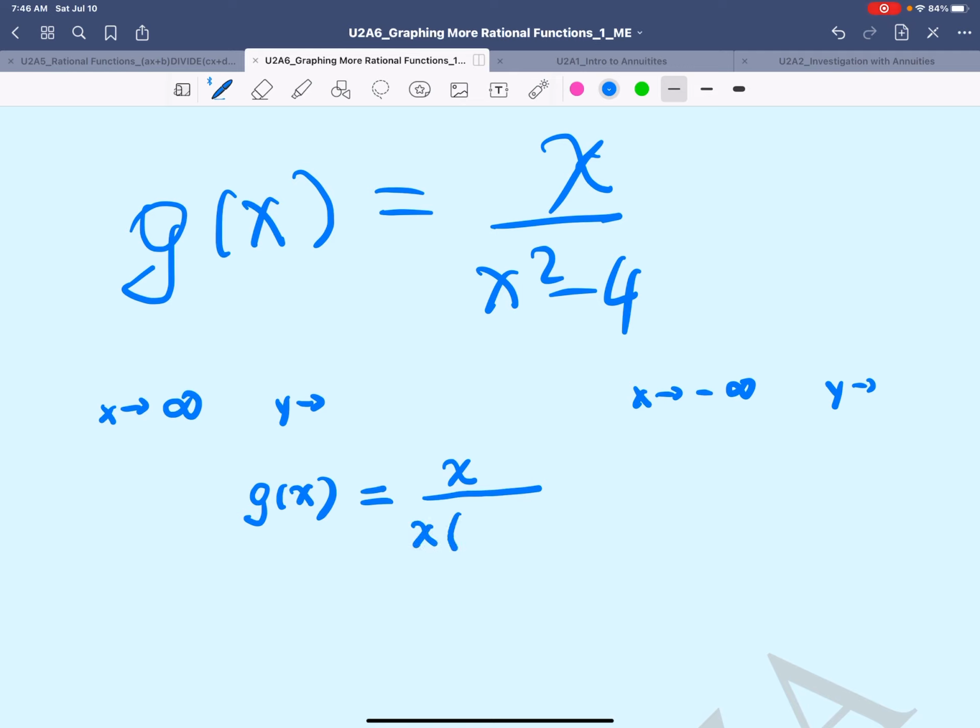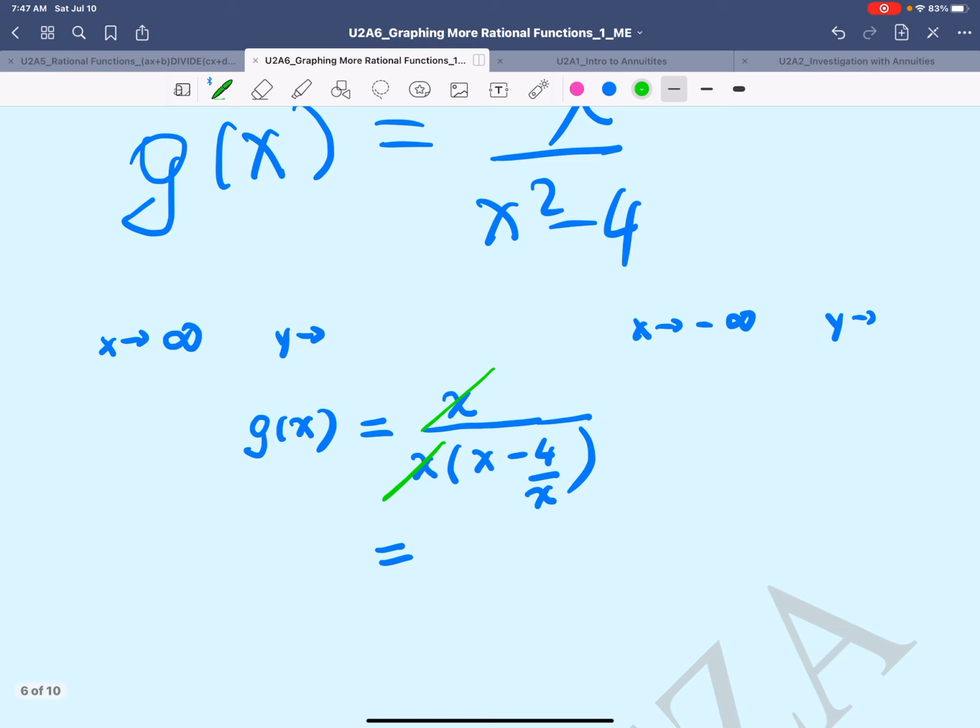So I can take out x from the denominator as well, and the other factor of the denominator is x minus 4 over x. So simplify, and now this will prevent us from getting infinity over infinity. And we'll say that a more simplified form of this function would be 1 over x minus 4 over x.